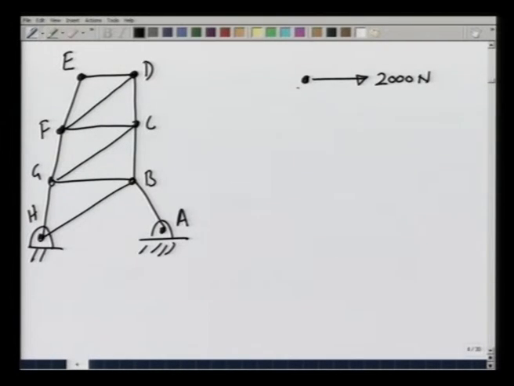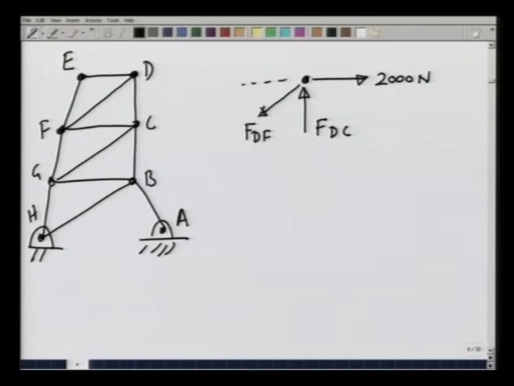There would be a force F D F and a vertical force, and again in anticipation I am making it like this, F D C. There are two unknowns and both of these I can determine.